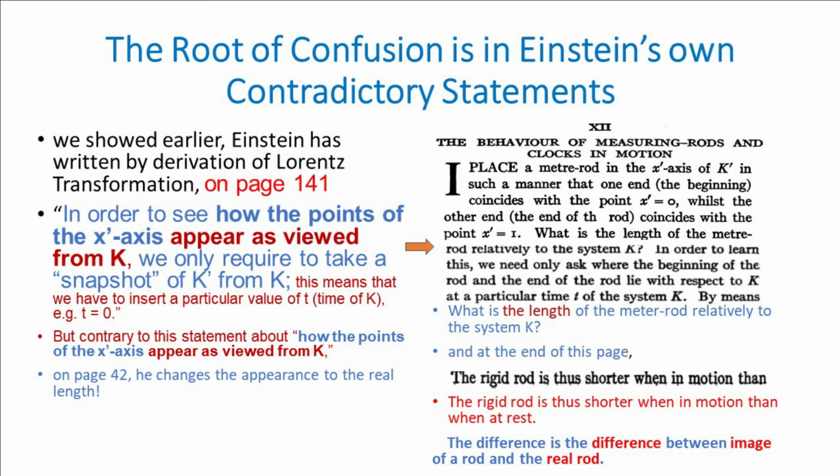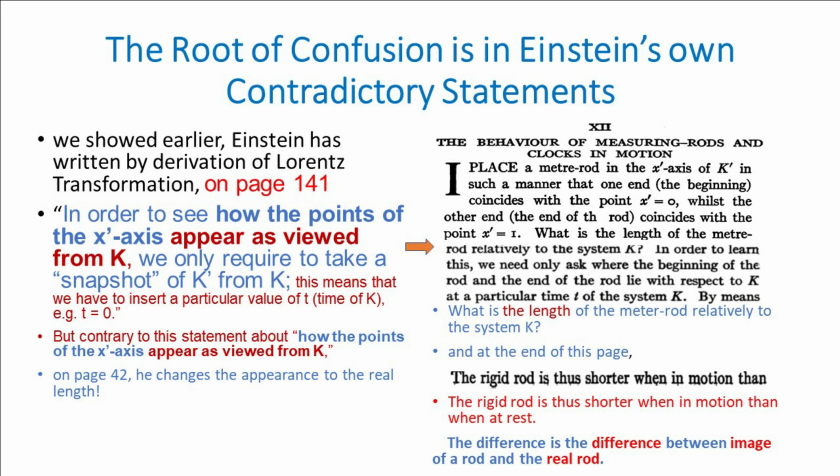Chapter 12, the behavior of measuring rods and clocks in motion. I place a meter rod in the x prime axis of K prime in such a manner that one end, the beginning, coincides with the point x prime equals 0, whilst the other end, the end of the rod, coincides with the point x prime equals 1. What is the length of the meter rod relatively to the system K?